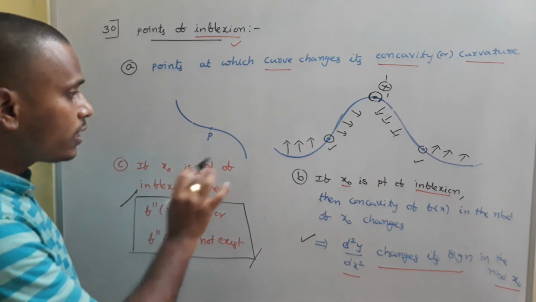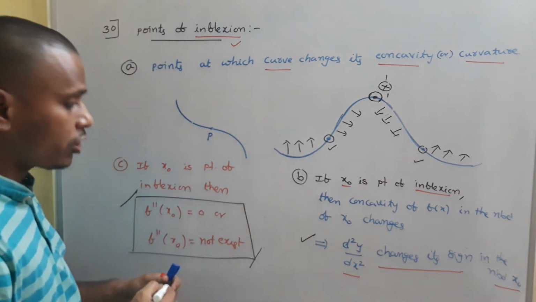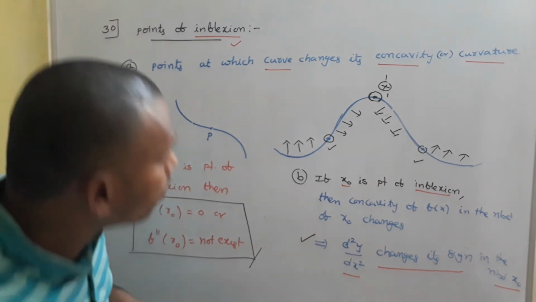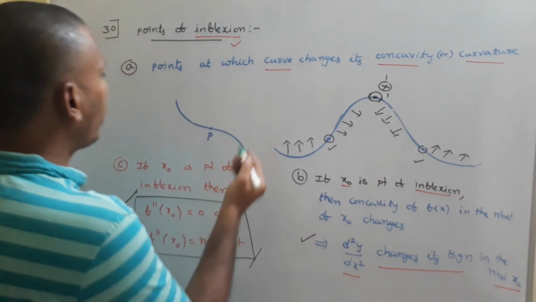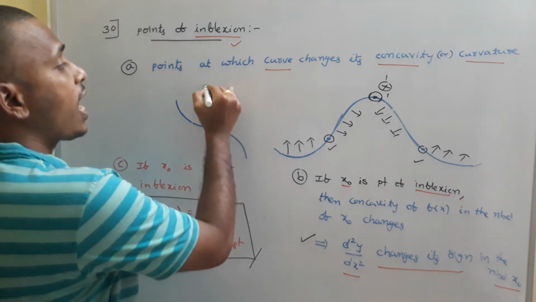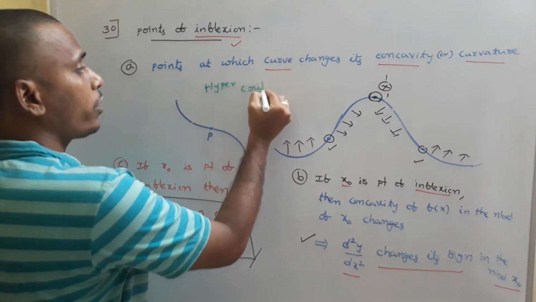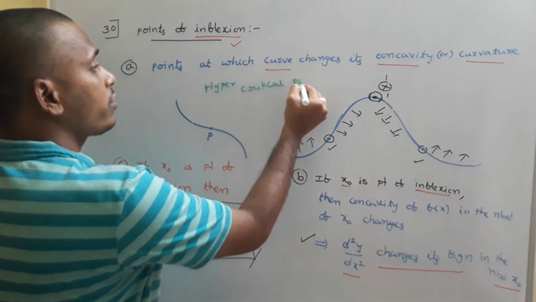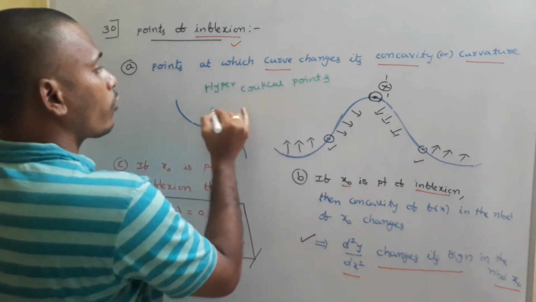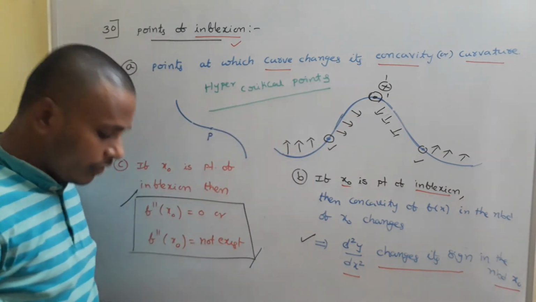So at the end, this is something about the points of inflection, and these points of inflection are sometimes also considered as hypercritical points. Already we know about critical points, right? At critical points the first derivative is 0. But what do you say about hypercritical points? At these hypercritical points the second derivative is 0.